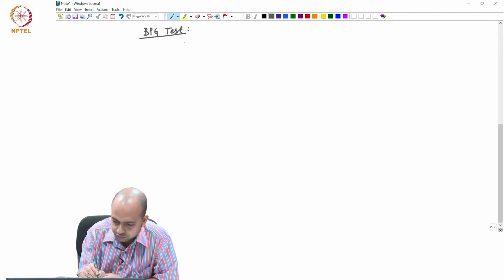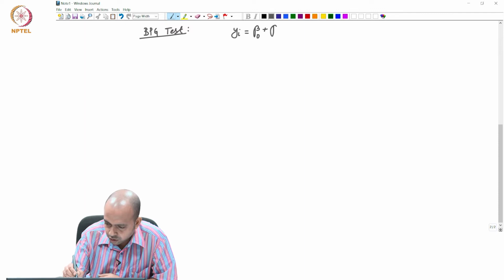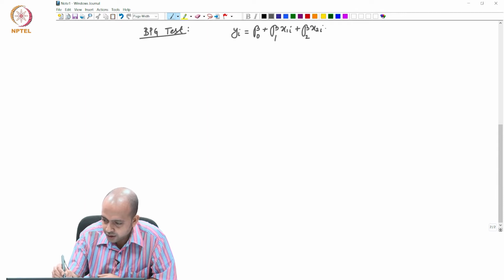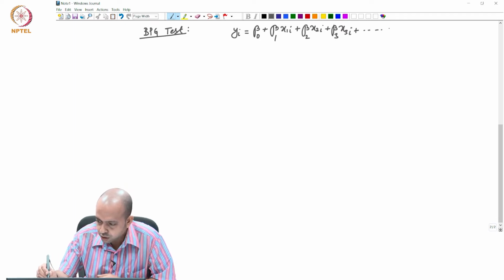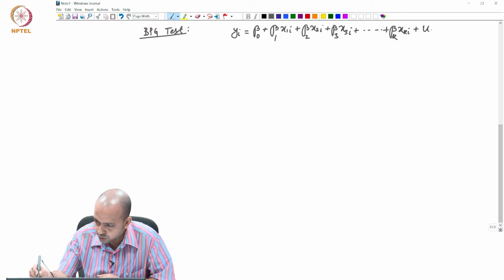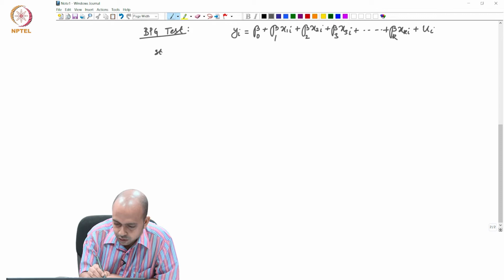Step 1: your model is yi equals beta 0 plus beta 1 x1i plus beta 2 x2i plus beta 3 x3i, and so on up to beta k xki, plus ui. This is your model, and what is your step 1?